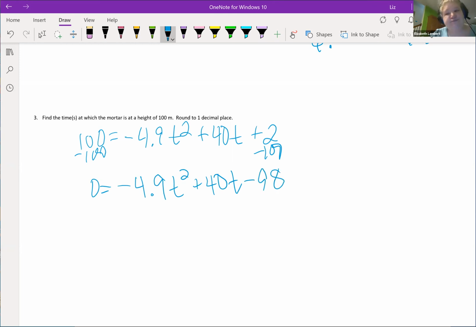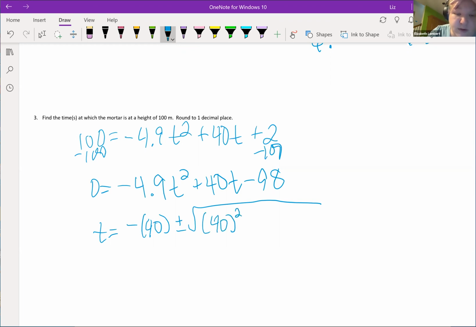All right. So let's start writing it in, crunching it, and see what we're going to get. So t equals negative 40 plus or minus the square root of 40 squared minus 4 times the negative 4.9. Ooh, it's positive, but then negative 98 turns it negative again.